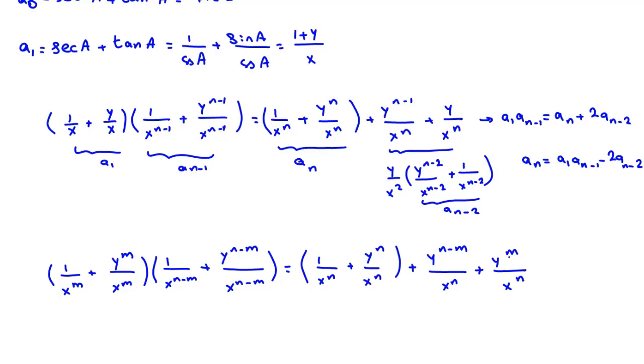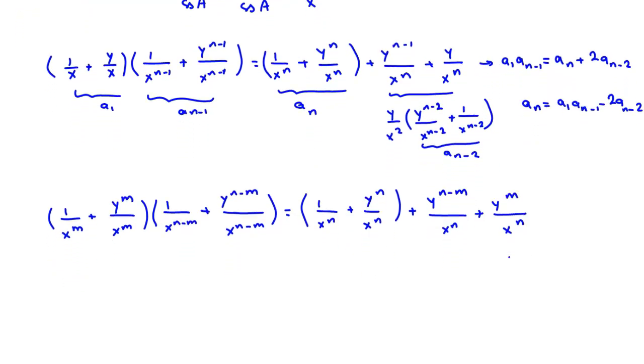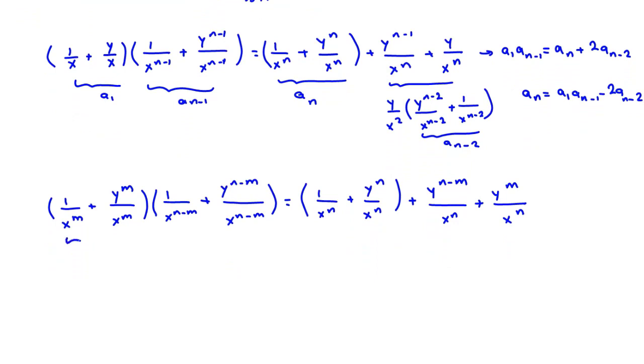Okay. Now here we know it is am, it is a_(n-m). Look again, by considering a small example, we can generalize it. This part will be an, and this part, because I want to factorize, I don't know, n minus m is greater or m is greater.